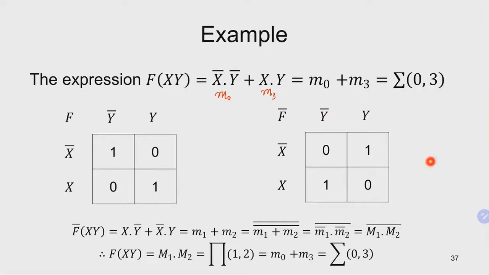And if we invert this function, we take f bar, and whenever we have a 1, it will be 0. Okay, we talked about inverting functions in last week's lecture. When we invert a function, whenever we have a 1, we make it 0 on the Karnaugh map. So here our 1 becomes 0, our 0 becomes 1.